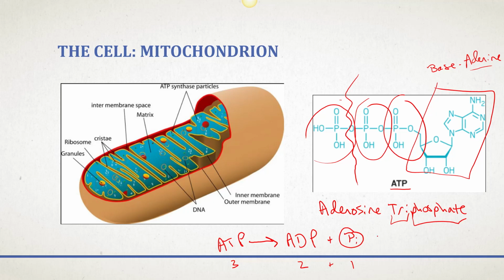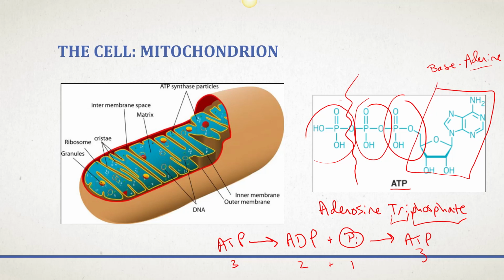Now we want to make energy again. So we want to put these back together. So we caused our spark, now we have to regenerate ATP. When we bring those back together to make ATP, that's the process of cellular respiration. This process is going to be discussed once we get to the respiratory system because it involves oxygen and carbon dioxide, and it makes sense for me to discuss it once we get to respiration.